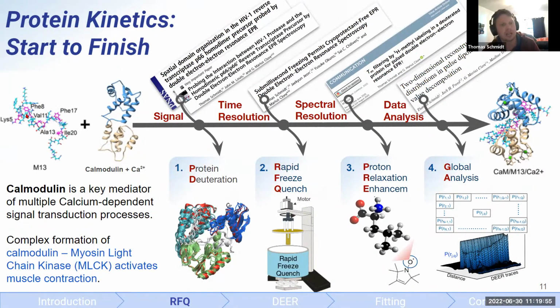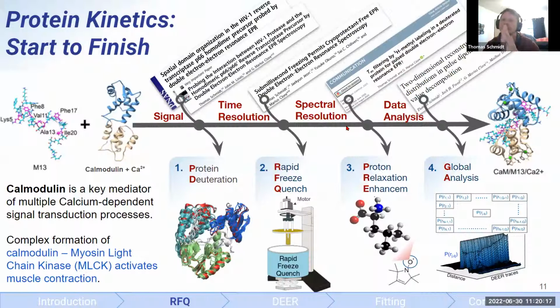In this case, we use a substrate which is protonated to isolate distances which are overlapping with each other, meaning that some distances are going to decay in the T2 dimension compared to the other distances. Therefore, we're going to get some spectral resolution enhancement.